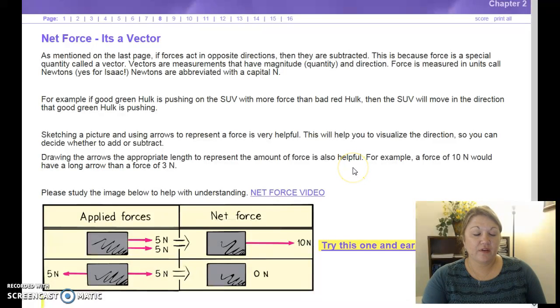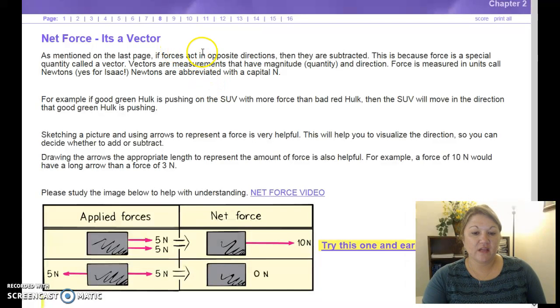Okay, so a vector is basically a quantity that has magnitude, right, the how much, but it also has a direction. Is it going right, left, up, down, right? So we have to know all about that and how to handle these forces so that we get an idea of how that object's going to move, like Newton talks about in his first law.